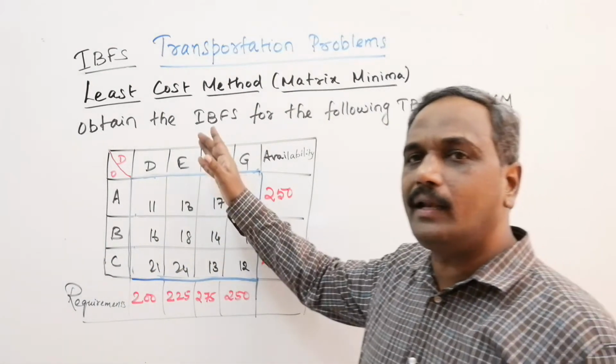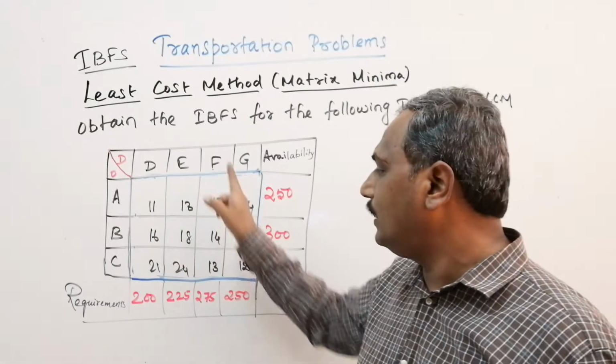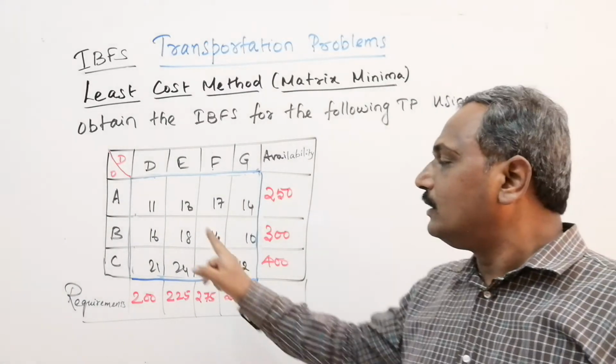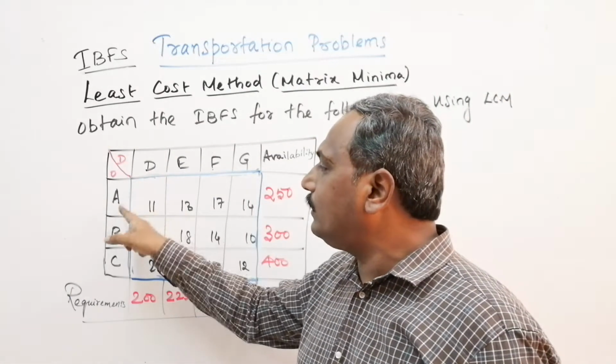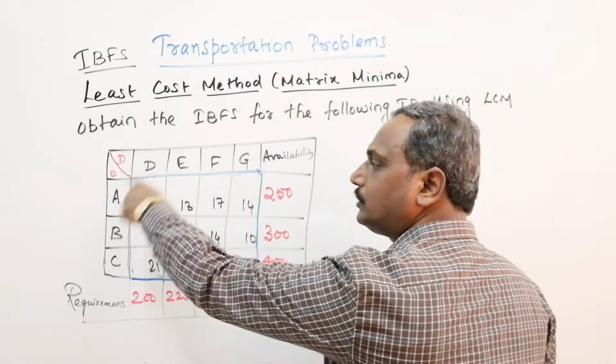The corresponding requirements at D is 200, E is 225, F is 275, G is 250. The transportation cost between the origins and destinations is defined in the cost matrix.